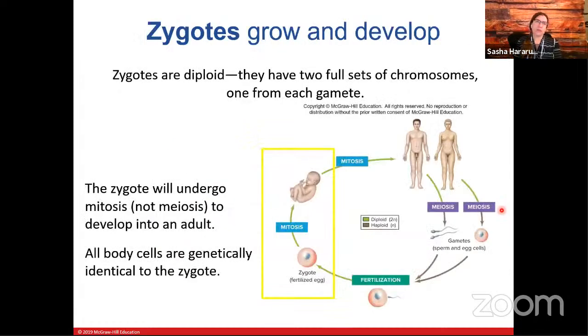So a zygote is a fertilized egg. It's the cell that fuses male and female gametes. Zygotes are diploid, and they have 2 full sets of chromosomes, one from each gamete. So this is a reminder of what diploid means. Remember, in humans, we have 23 pairs of chromosomes.